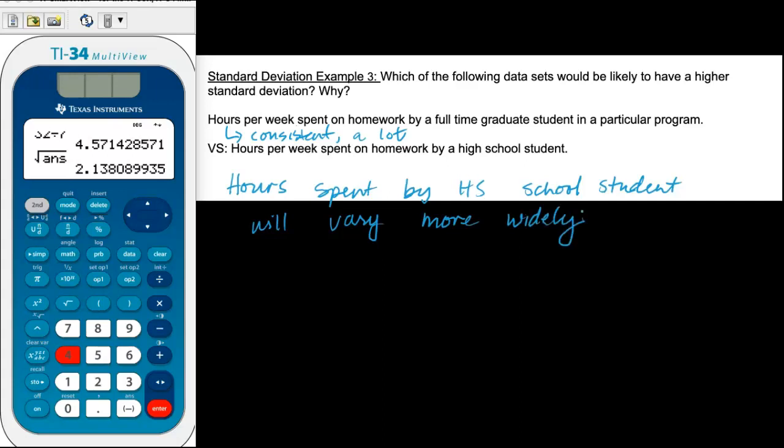So I would guess that the standard deviation for this data would be higher. Now, again, we don't know how much higher, and this is a generalization, but that would be my guess.